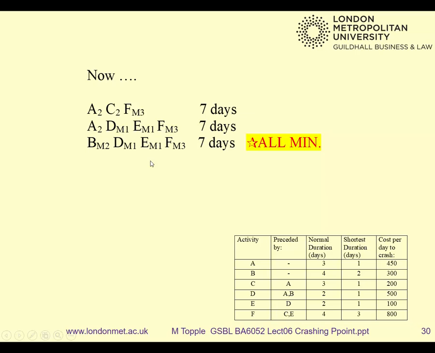You'd get some slack back, but you'd waste money, and your stakeholders won't be impressed. Once you have a critical path where all tasks on it are minimum, that's as low as you can go. So in this case, we cannot go to 6 days. It's not feasible to do so.